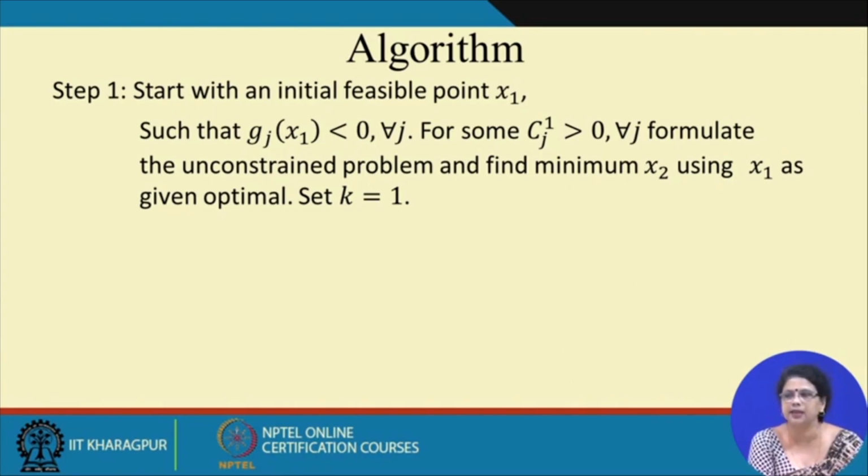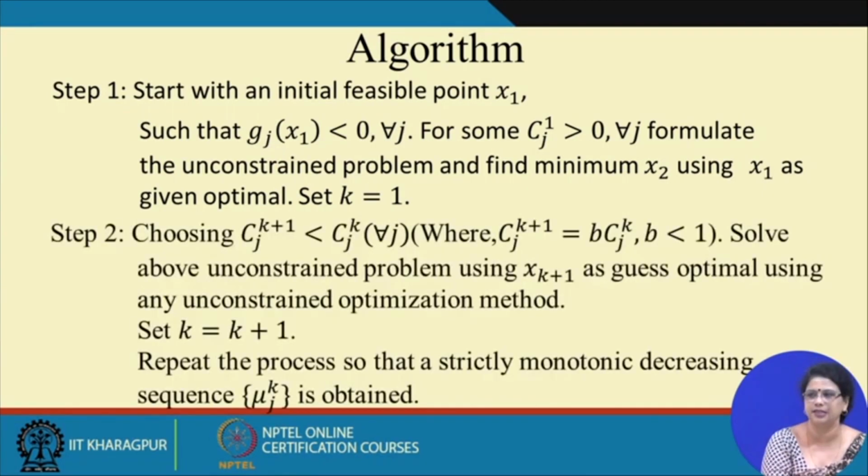But in the interior penalty function method, we need to consider that all constraints must be satisfied, then only is this a feasible point. That is why x_1 must be a feasible point for all j. Now, once we are given c_1, formulate the unconstrained problem, find the minimum and check for optimality.